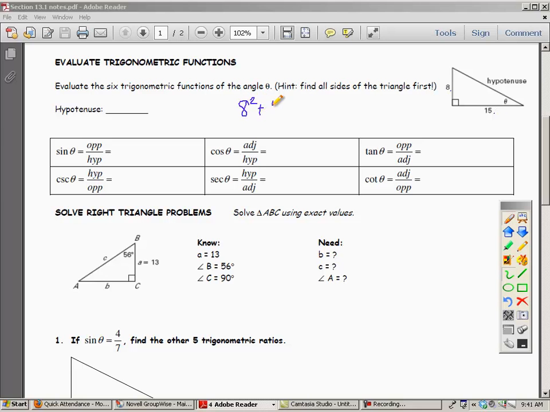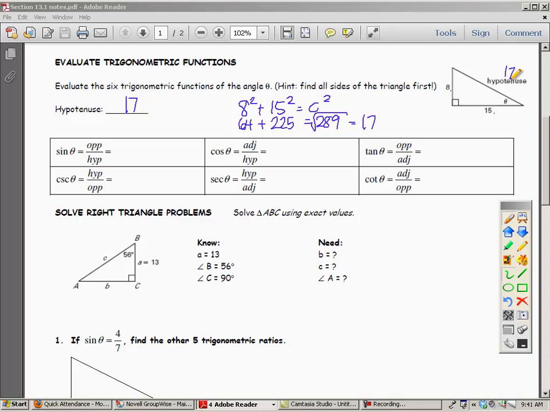So 8 squared plus 15 squared is our hypotenuse squared, and we normally say a, b, c. 8 squared is 64. 15 squared is 225, so this ends up being 289. And in order to get c squared, we square root it, and if we square root it, we get 17. So the hypotenuse of this triangle is 17.